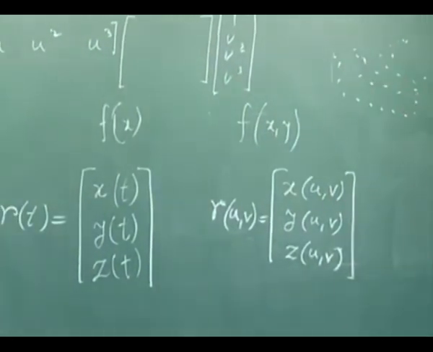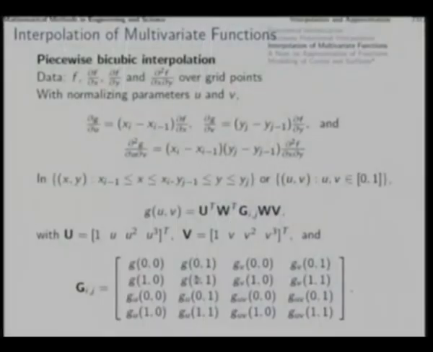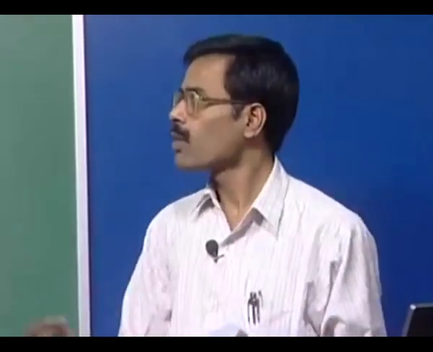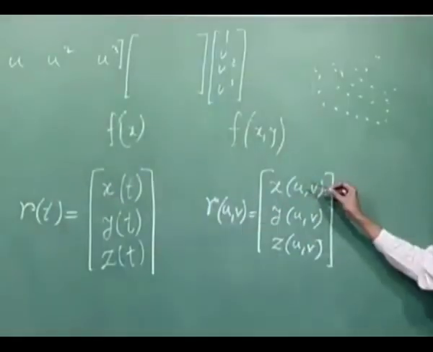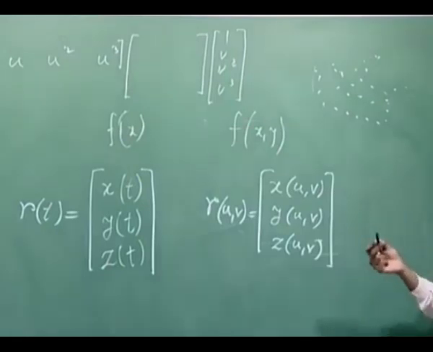In that case you will have the values of the function, and then their u derivatives, their v derivatives and the cross derivatives, that is del 2f by del x del y. This kind of data you can use to model bivariate functions, and when you have vector functions with three scalar bivariate components, you have a model of a surface.